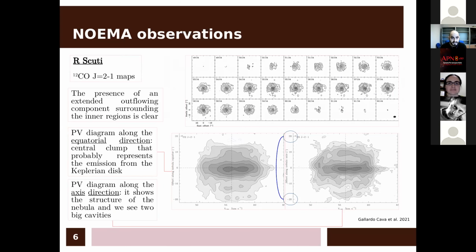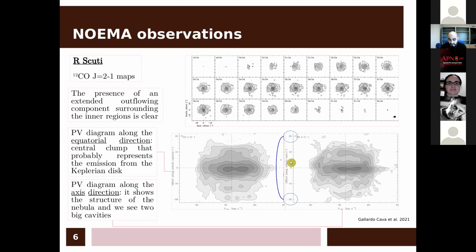And the PV diagram along the axis direction reveals the rhombus shape that a disk has. On the contrary, again, we have maps of R Scuti, and the velocity maps reveal that the emission of this source is quite different from the one found in AC Herculis, since we find a very extended nebula compared with AC Herculis. The PV diagram along the equatorial direction reveals a very central clump that probably represents emission from the Keplerian disk.